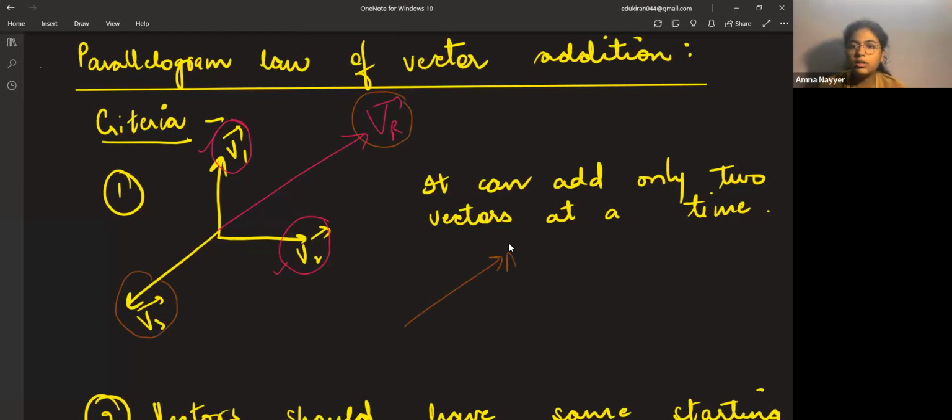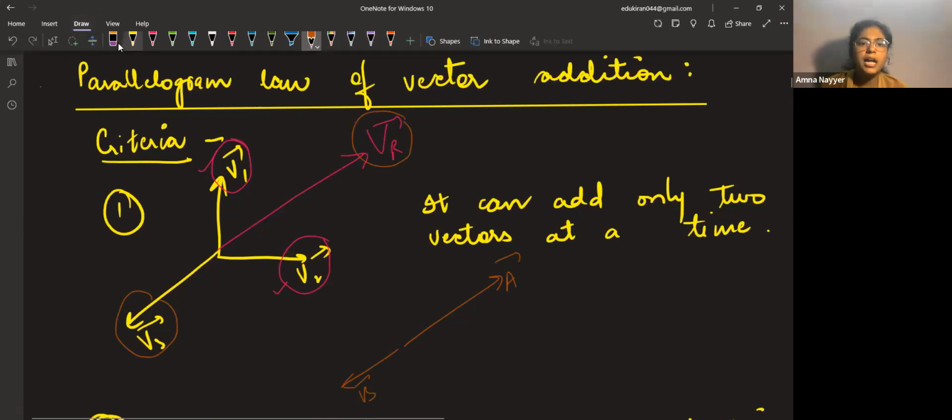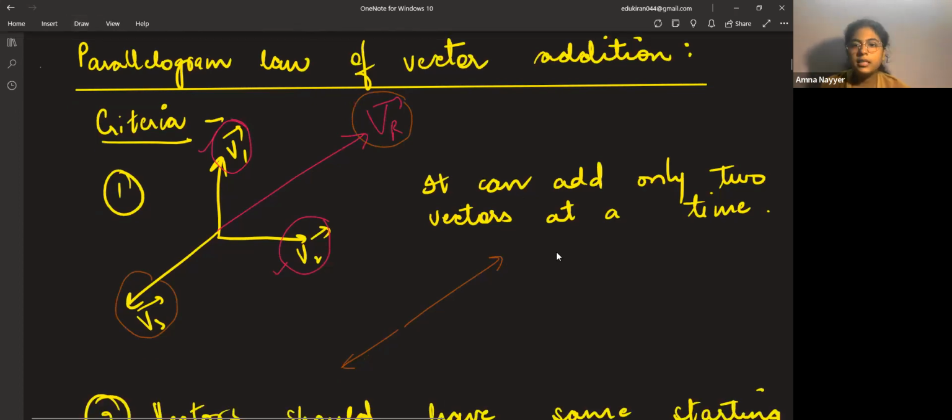Here also two vectors are obtained: VR and V3. Then you solve them, and whatever the final resultant is, that will be your result.